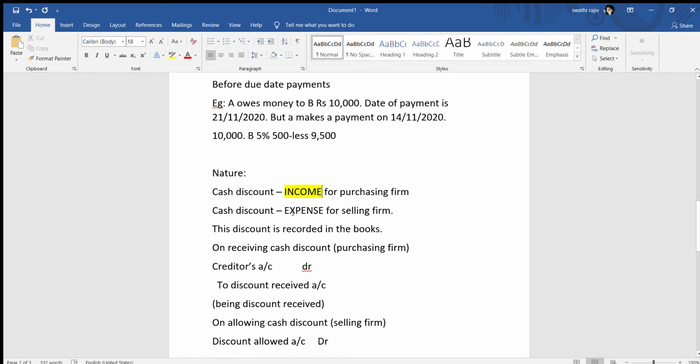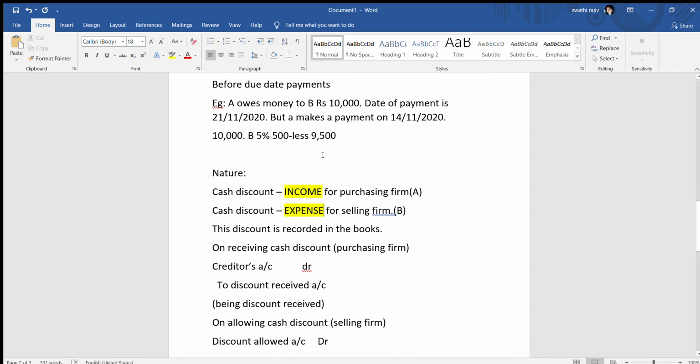This is from A's point of view, alright? Now B is the selling firm, the person who has sold you the goods. From B's point of view, this 500 is an expense. He was supposed to get 10,000 but he is letting go of that 500.